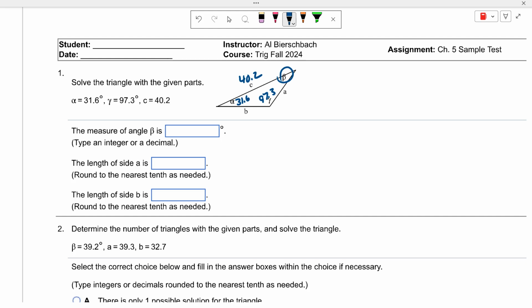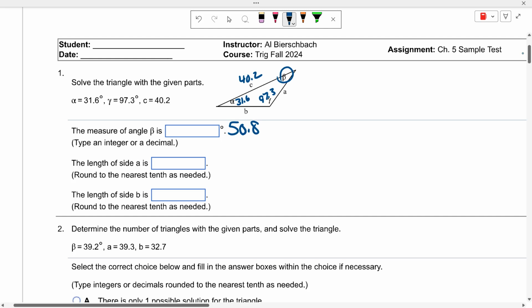So you take 180 minus 31.6 minus 97.3. What do we get? 50.8. So that's what angle B is.